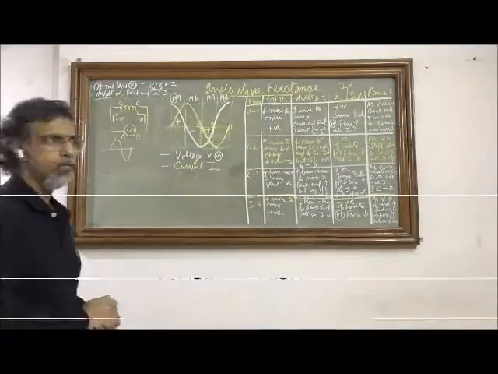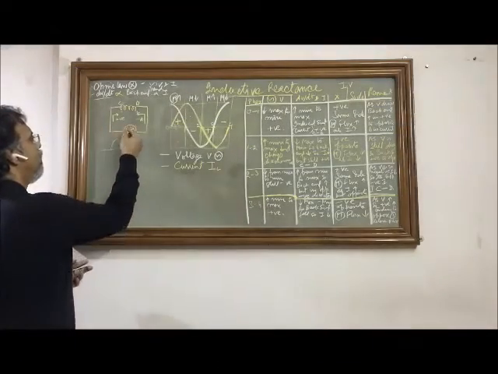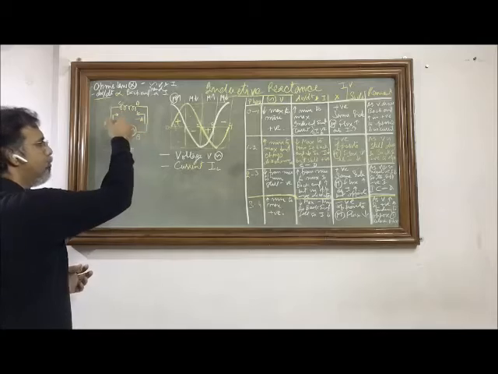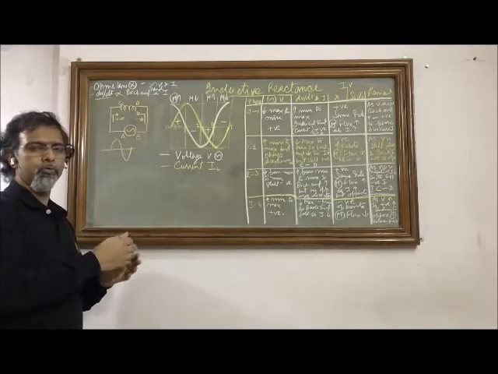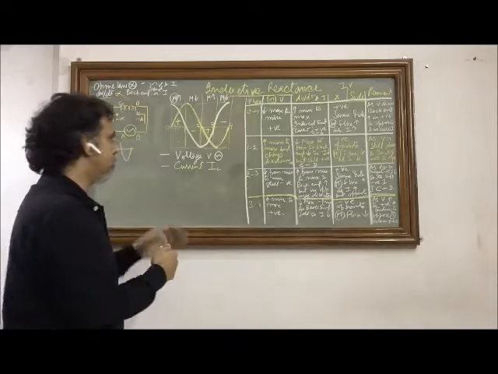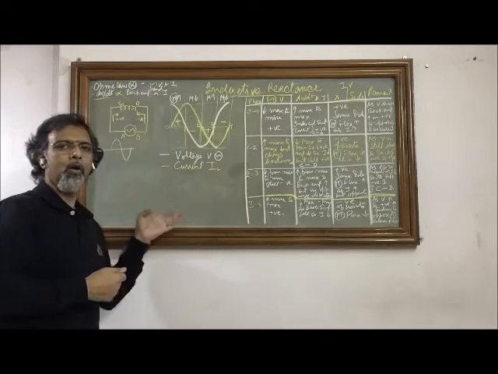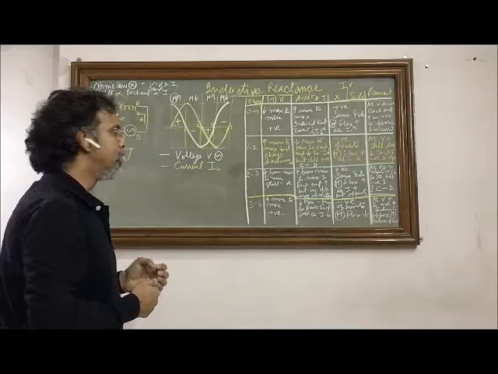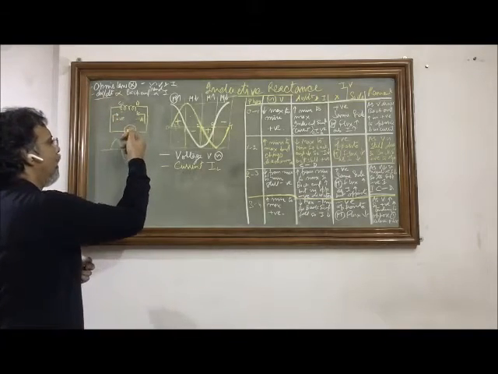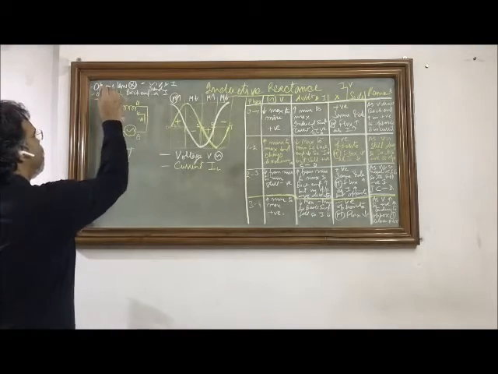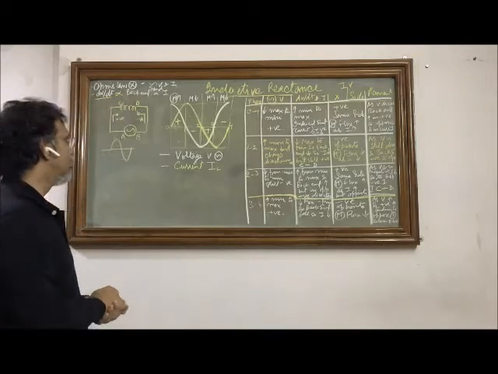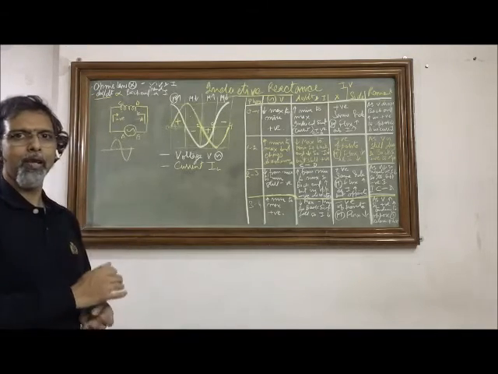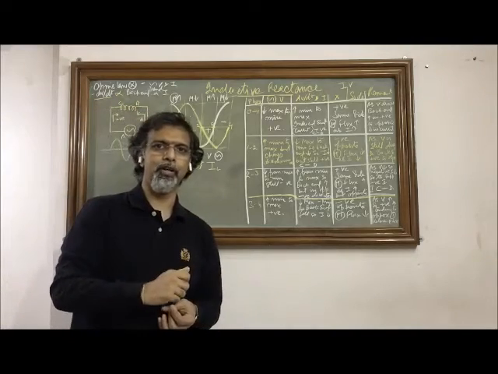Another important fact is that the higher the tendency of the current to fall or to rise, the more will be the back EMF produced, because it is to oppose this tendency of rising or declining of the current. This means the more the dV/dt of the source, the more the time rate of change of the voltage in the source, the more will be the back EMF produced, but in the opposite direction.